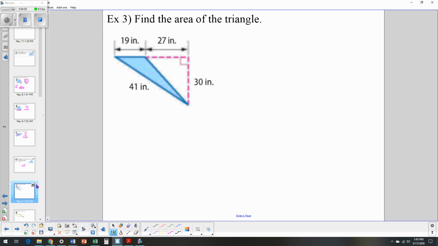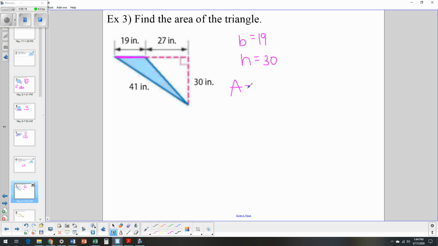So in example 3, we're going to find the area of this triangle. The base is just this, just the 19. So B equals 19. My height is 30. They're giving me that measurement here. So now I could take my base and height.